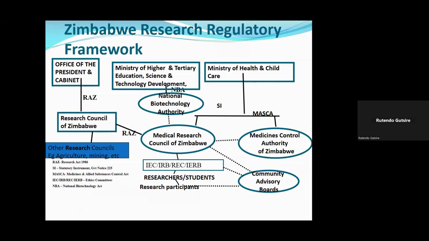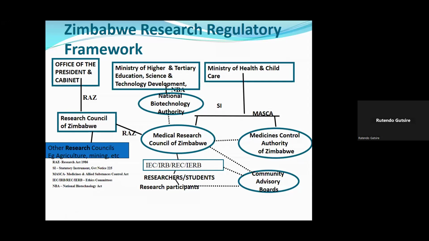I'll show you other universities that also have institutional committees, and we also have research institutes in the country like BRTI, which also have an ethics committee. Then MRCZ is the national body that monitors what all these institutional committees are doing, training them, and training the researchers and committee members on how to review proposals.